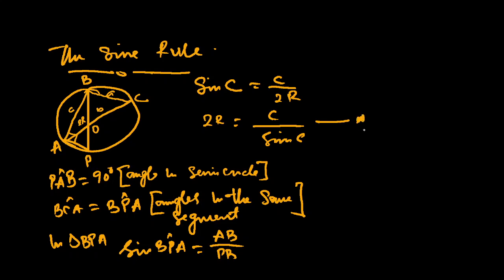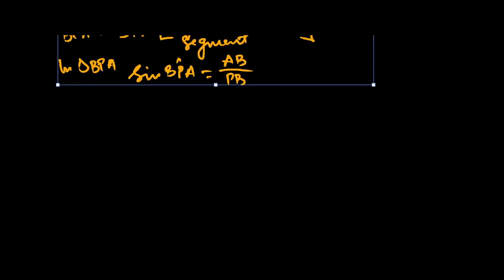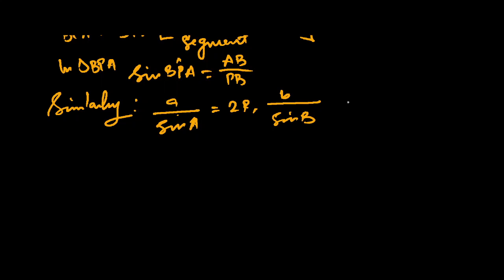So if you look at this now, just like 2r equals c over sine C, similarly I have that a all over sine A is equal to 2r, also b all over sine B is equal to 2r.